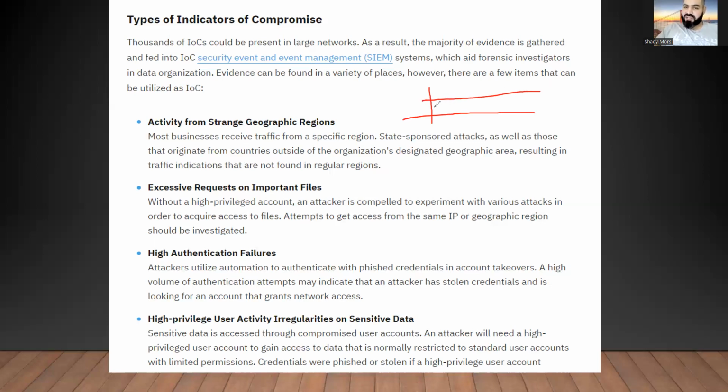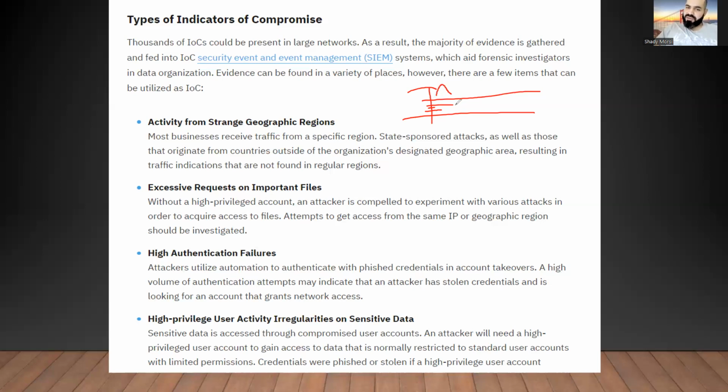So you can see that usual traffic is coming from certain regions or certain areas. And if there is something abnormal happening in another region, you can really tell this is not normal, and you can easily say, okay, let me investigate this more. This is maybe an indication of compromise.